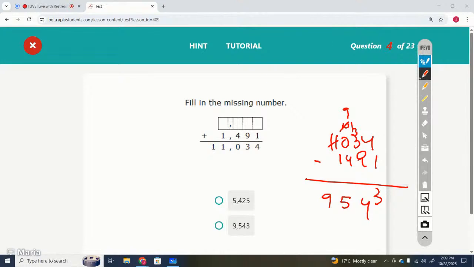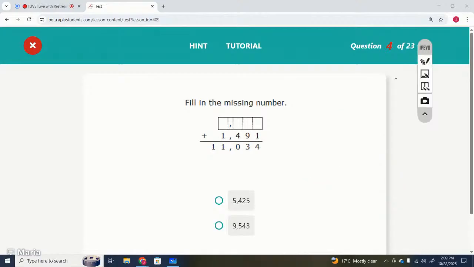And 10 minus 1 is 9. That is 9,543. Option number 2 is the correct option.